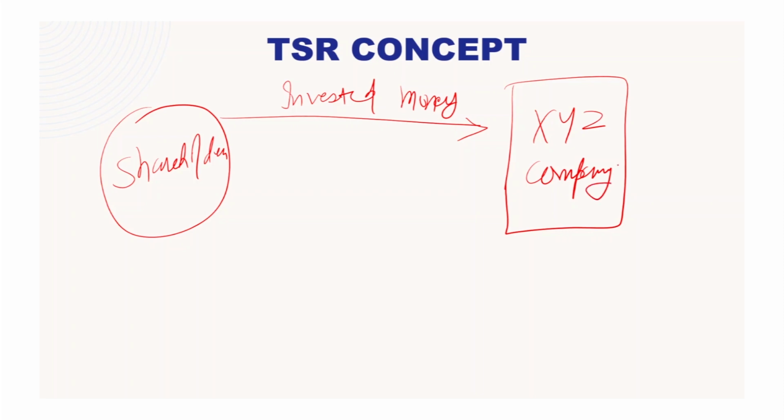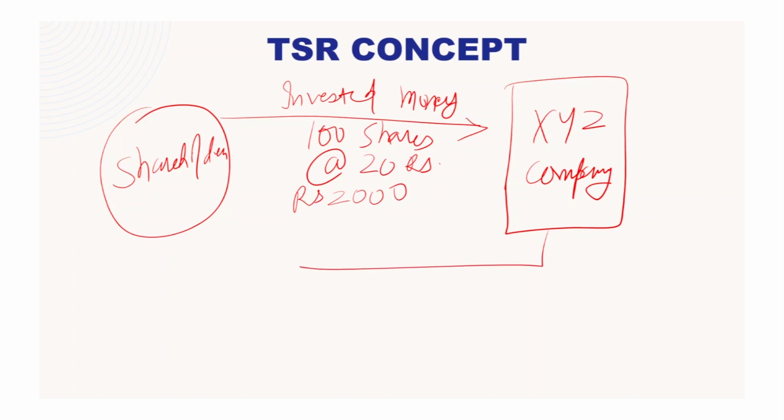Suppose you have purchased 100 shares at the rate of 20 rupees. So the total amount that you have invested is rupees 2000. Now, what are the things that you will be getting from the company as a shareholder?